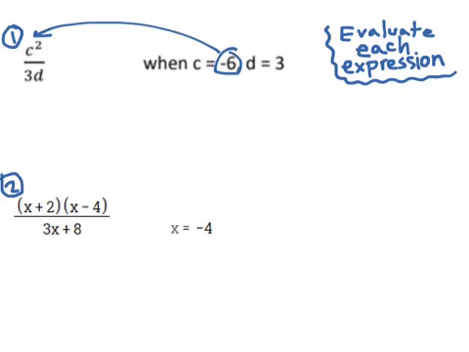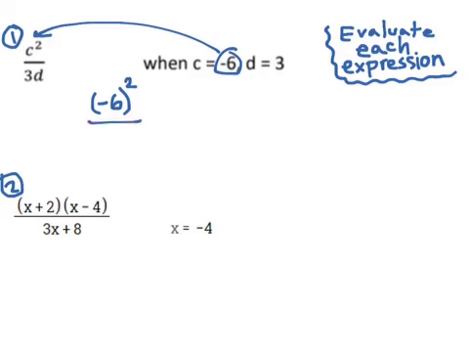As I begin to rewrite this, we can put in parentheses. Whenever you substitute in a value, make sure to put it in parentheses so you don't get confused. So -6 squared will be the numerator, or the top of the fraction.